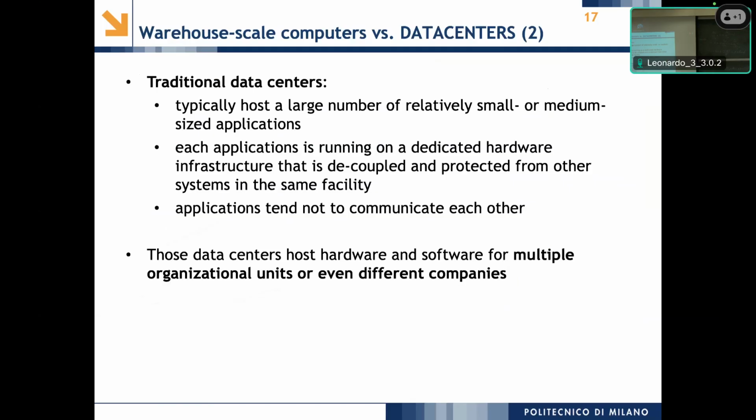While in the warehouse scale, you have a few services that really interact with each other to develop the final functionalities for the end user, vice versa, here you have kind of monolithic applications that don't talk to each other because they solve a single task, right? They are not really tightly integrated, okay?